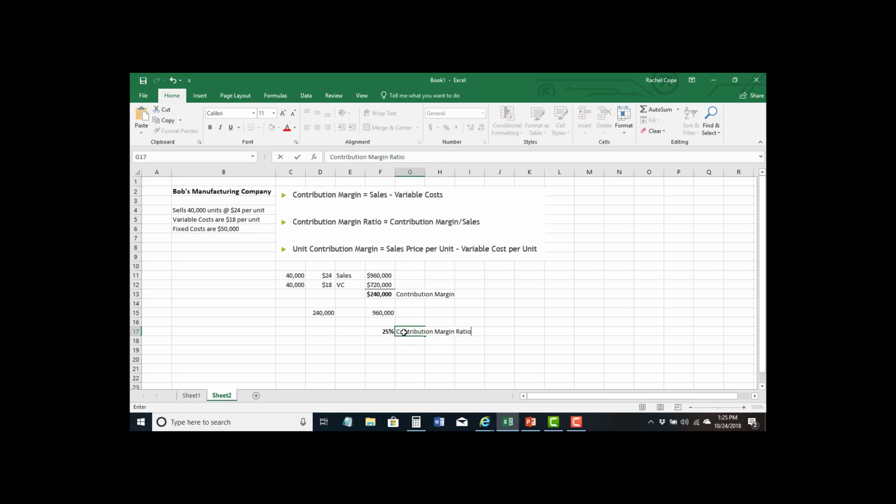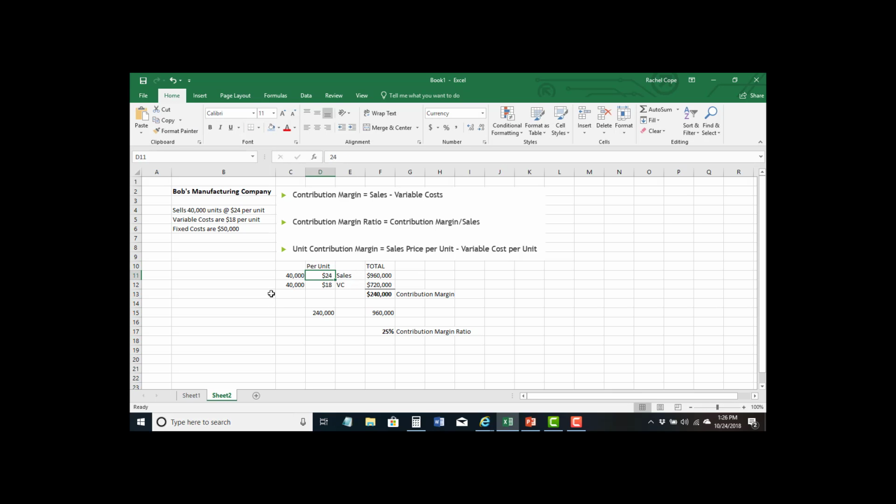And then the last one we want to look at is unit contribution margin, which is our sales price per unit minus our variable cost per unit. So we can kind of look at that up here. We had our sales per unit minus variable cost per unit. This is our total overall, and this is per unit.